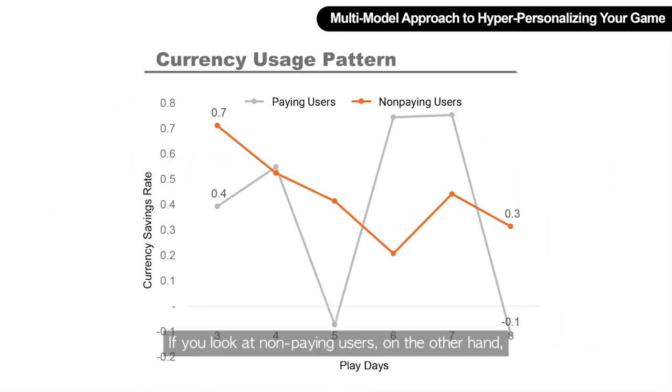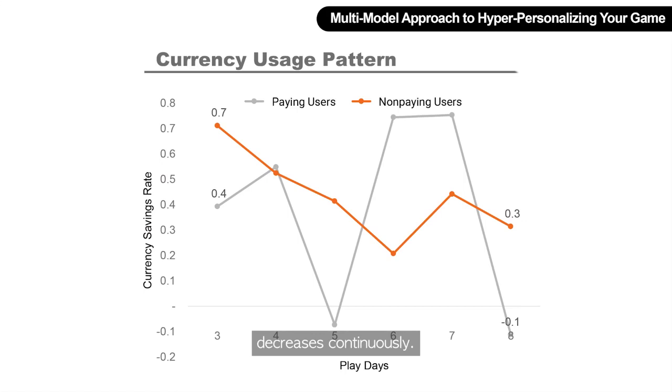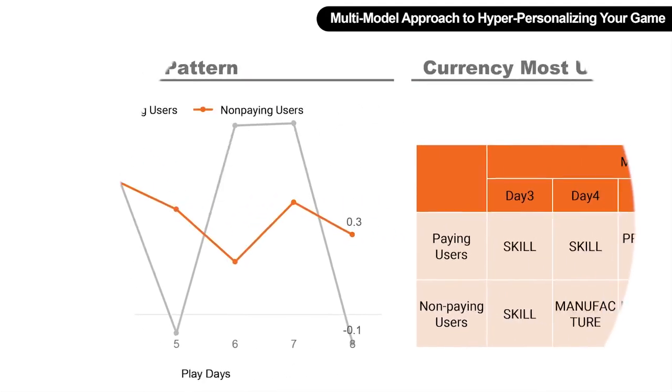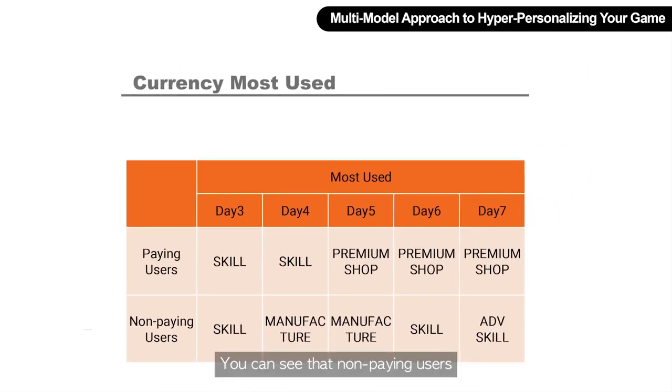If you look at non-paying users, on the other hand, the amount of currencies they have decreases continuously. This leads to difficulty in game progression and eventually churn. You can see that non-paying users have spent most of their currencies in skills and manufacturing.